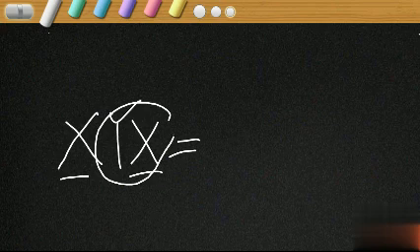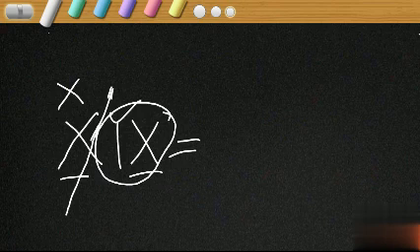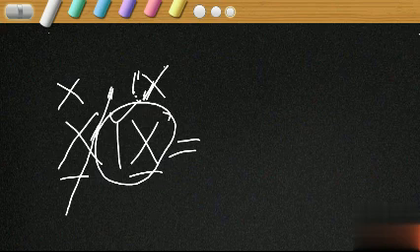So this is a section, and X is another section. First section is X, second section is IX.